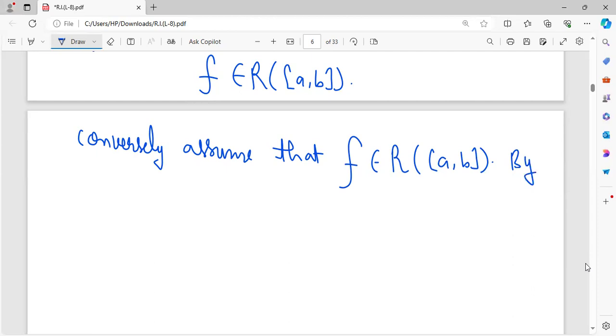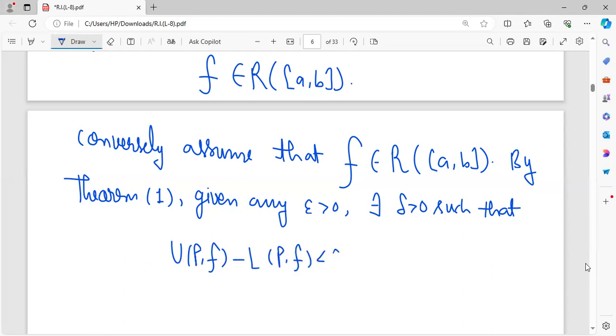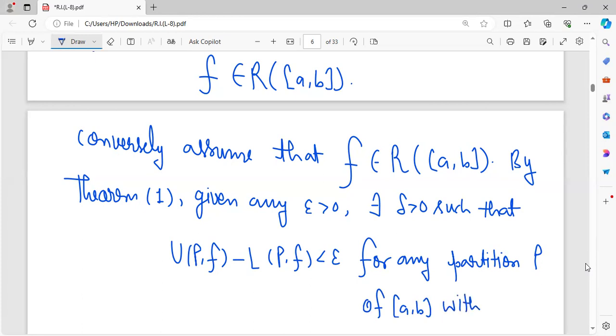By theorem 1, given any epsilon greater than 0, there exists delta greater than 0 such that UPF minus LPF is less than epsilon for any partition P of [a, b] with norm of P less than delta.